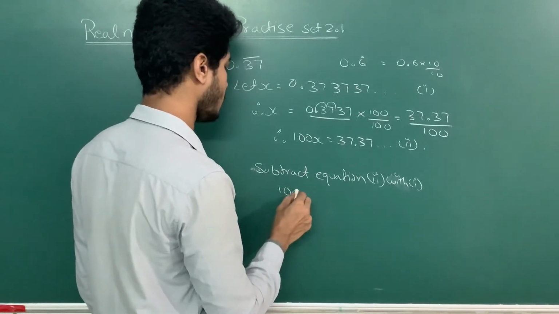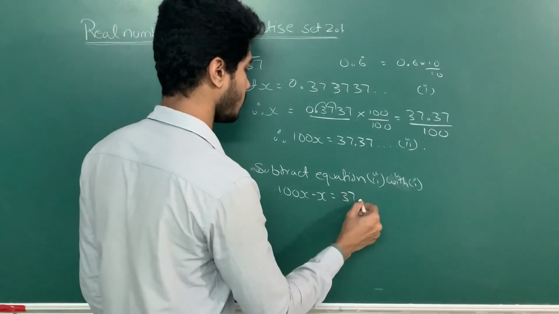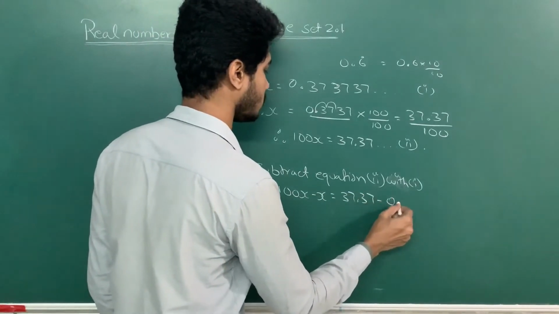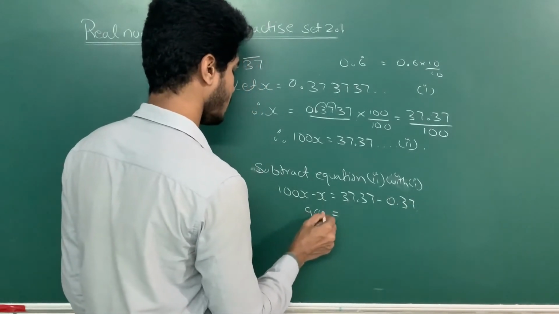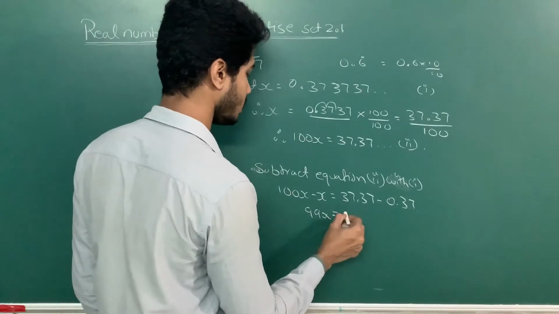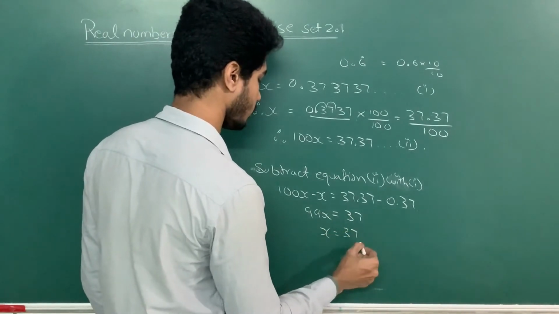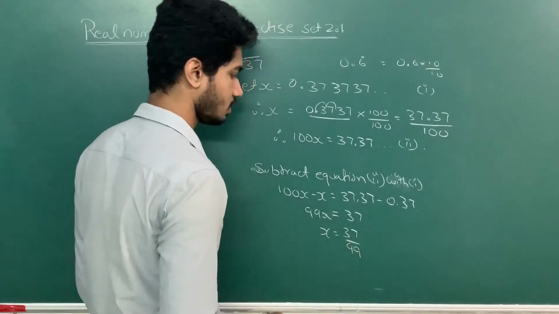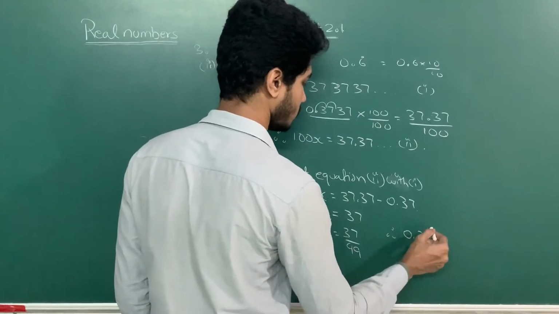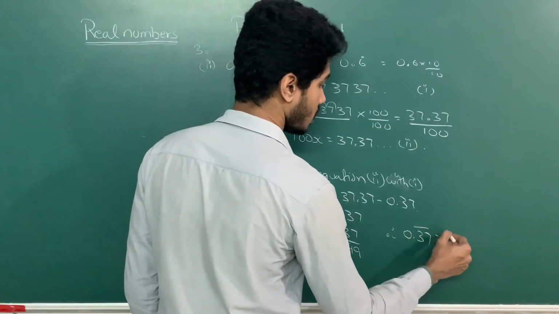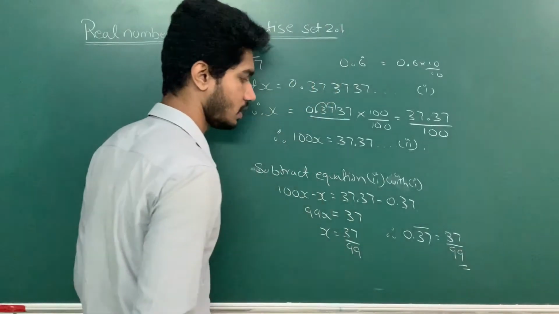So you get 100x minus x is equal to 37.37 minus 0.37. So over here you get 99x, and in this you get 37. So you get x is equal to 37 upon 99. So therefore 0.37, which is recurring, is written as 37 upon 99.